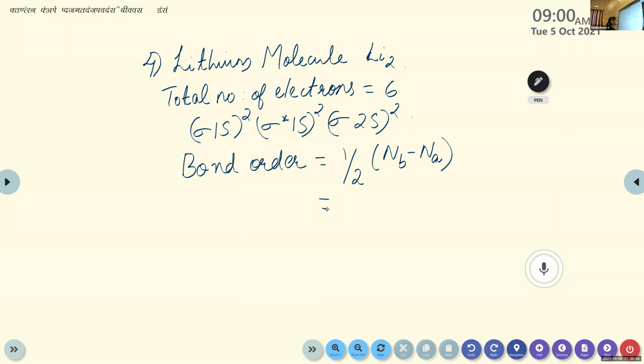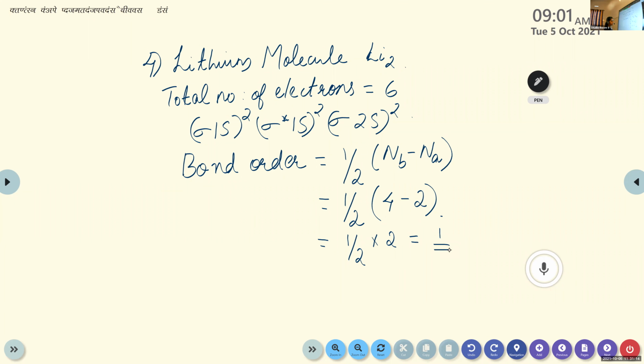And Mary, can you tell me what will be the bond order? What is the total number of electrons in bonding molecular orbital? Nb is 4. What about Na? 2. 4 minus 2, so here it is half into 2, that is 1.